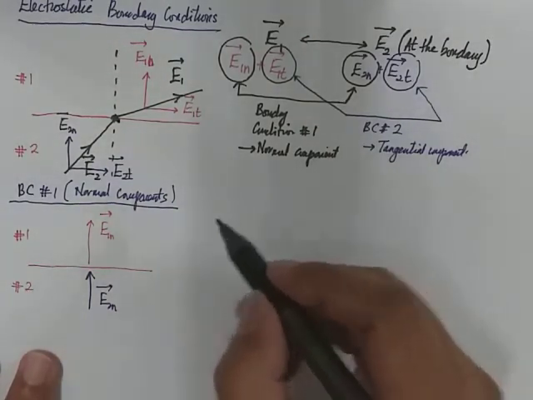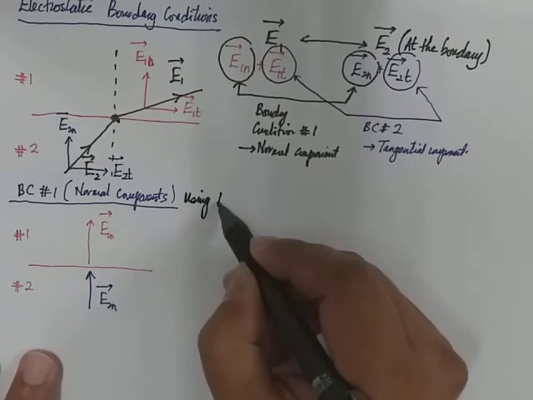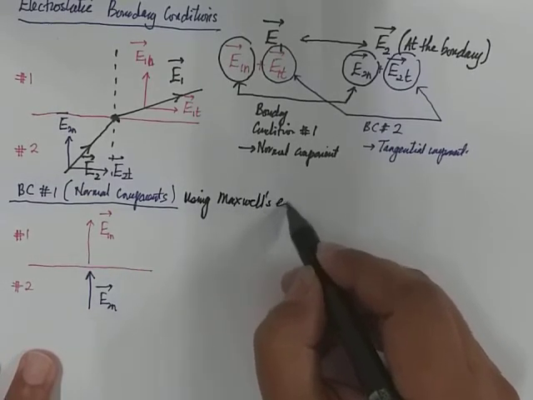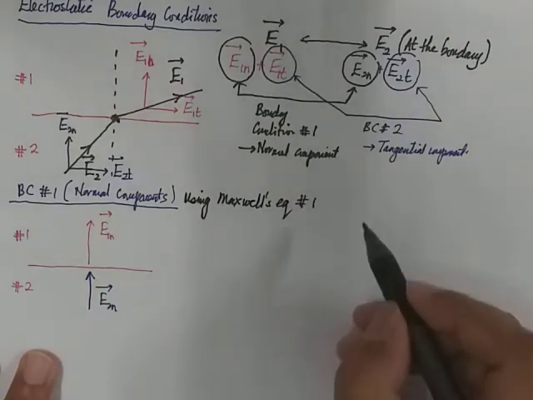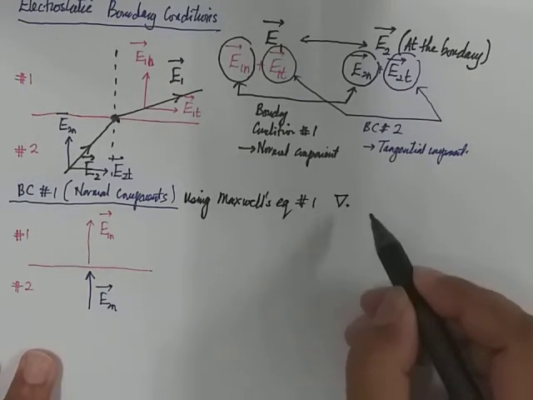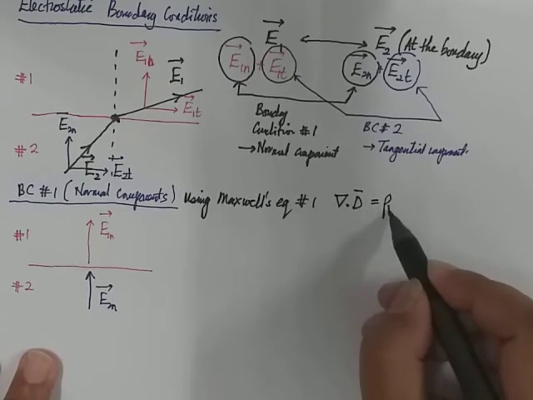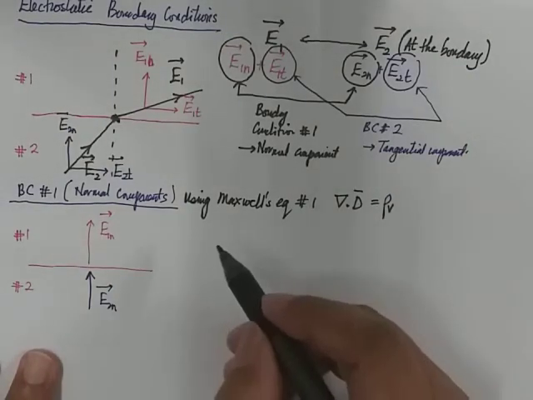So using Maxwell equation number 1. So what does it say? Divergence of D equal to rho V. Remember that equation in point form or in integral form.